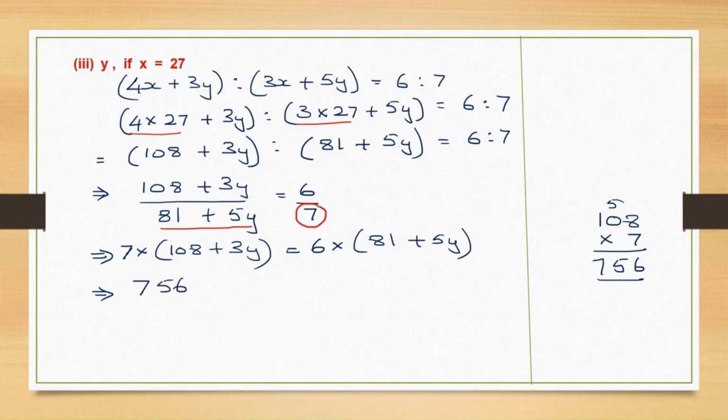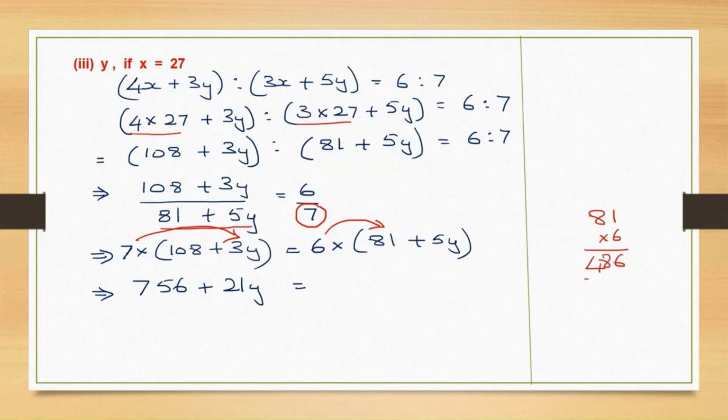Now I'm going to multiply 7 into 3y. So plus 7 3s are 21y. Now this is equal to, I need to multiply 6 into 81 first. So 81 into 6. 6 1s are 6, 6 8s are 48. I've got 486.